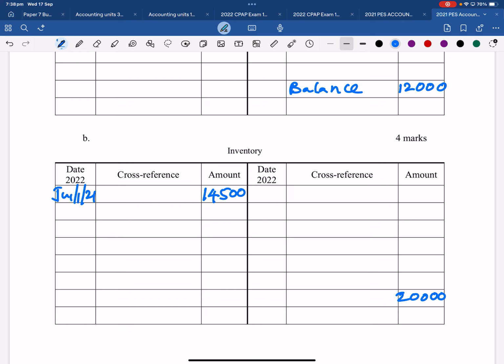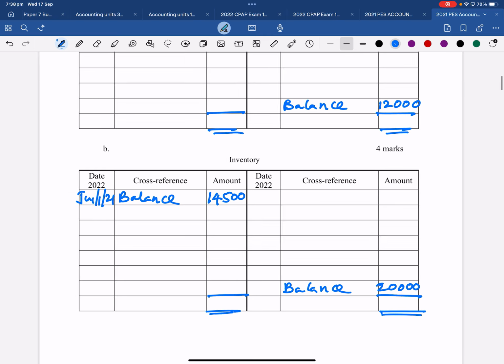This one is June 30th. Sorry, don't worry about the date. I will put it a little later. This is balance. Then I would do that box for the total. Then you won't write anything after the closing balance.